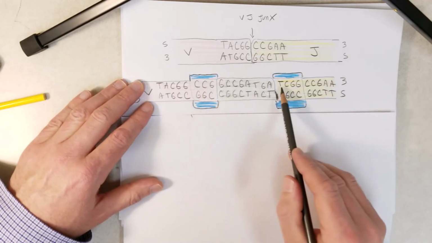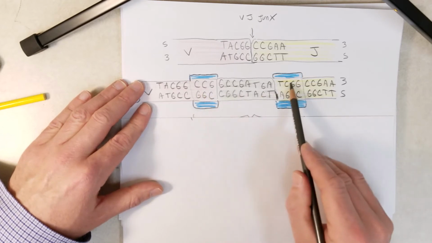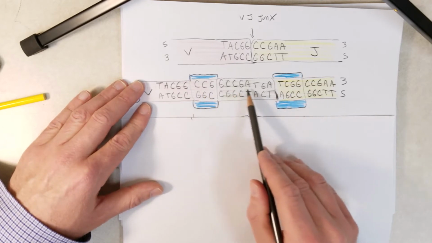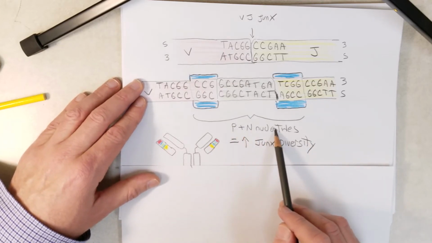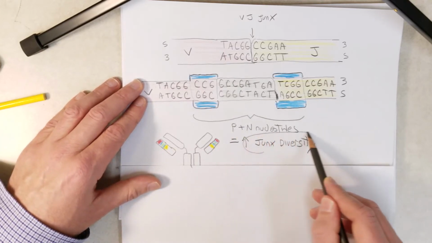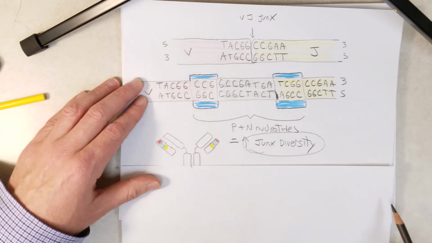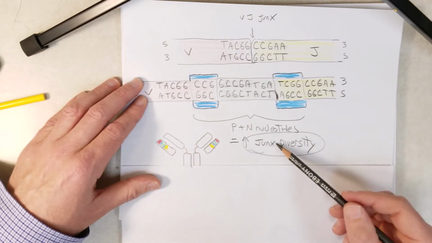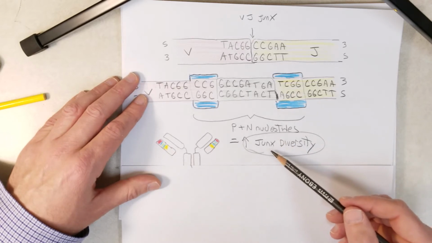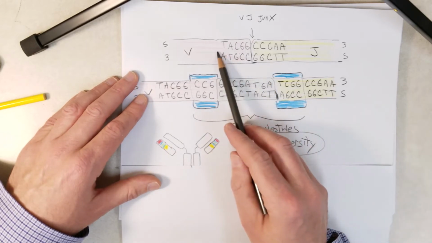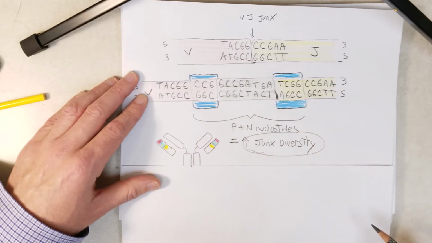Now, these extra nucleotides are P nucleotides here, and these are the N nucleotides. All these P and N nucleotides lead to increased junctional diversity. So, an increase in the number of sequences that can exist between the V and J segment junctions.